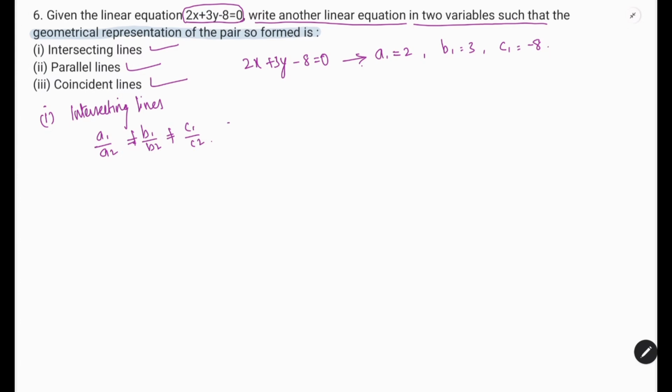Here a1 should not be equal to a2. If we take a2 as 3, b2 as 4, and c2 as 6, then the ratios are 2/3 and 3/4, and c1/c2 is -8/6, which is -4/3.